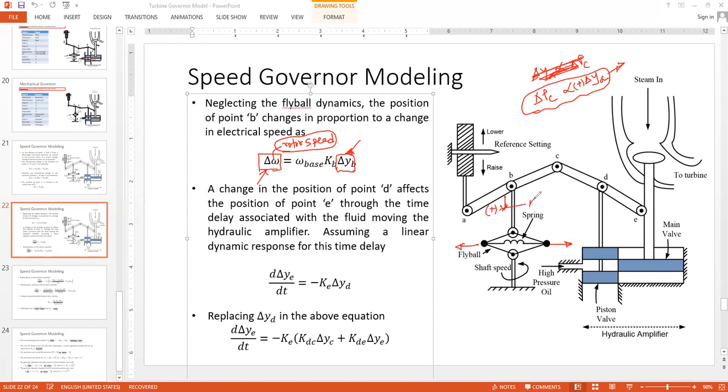So del YB is positive. So del omega is proportional to del YB. And just to make it a speed value, we multiply it by the omega base. So del omega is proportional to omega base KB into del YB.